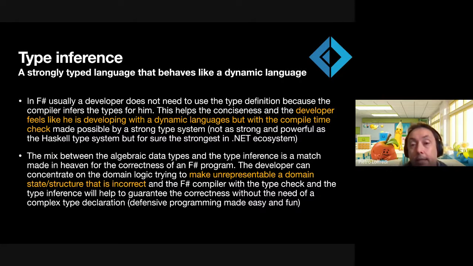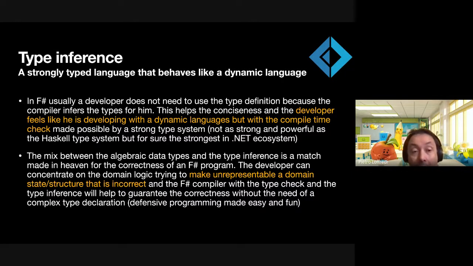To be honest, this type system is not as strong and powerful as the Haskell one, but for sure the strongest in the .NET ecosystem. The mix between the algebraic data types and the type inference, in my opinion, is a match made in heaven for the correctness of any program you write in F#.